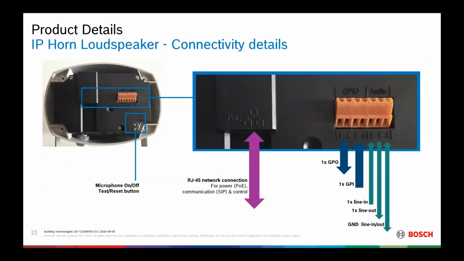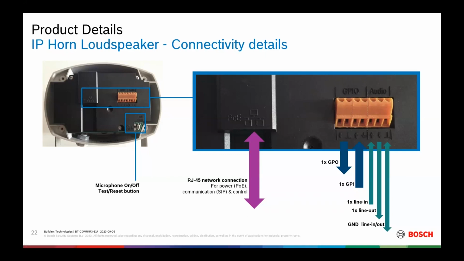Here you can see the back of the loudspeaker with the connectivity details. On the left-hand side is a PoE network port for power, communication, and control. On the right-hand side, we have a block divided into two parts.